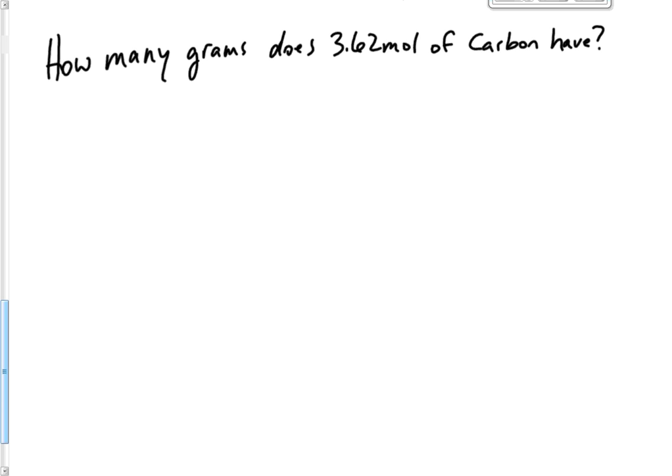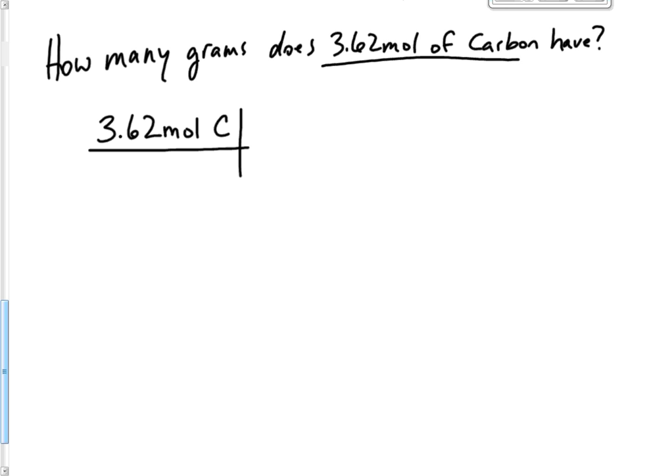All right, now, if you remember way back when we talked about conversion factors, we showed you a way to do this. All right, and it's called dimensional analysis. So you're going to take what you start with. Okay, so you have 3.62 moles of carbon. Okay, and your moles of carbon is essentially your unit.